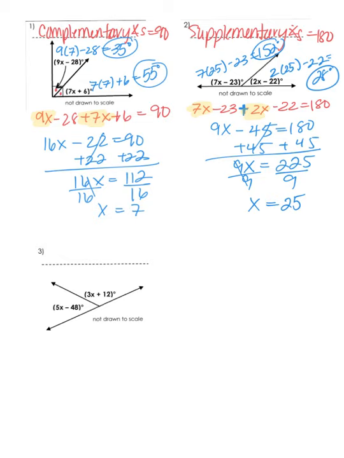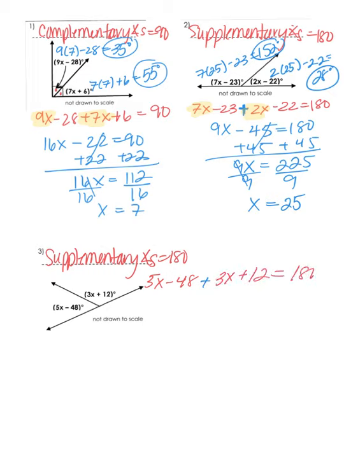And next, here again you have supplementary angles equals 180. So here I have 5x minus 48 plus, I'm using a different color so you can see it, 3x plus 12 equals 180.